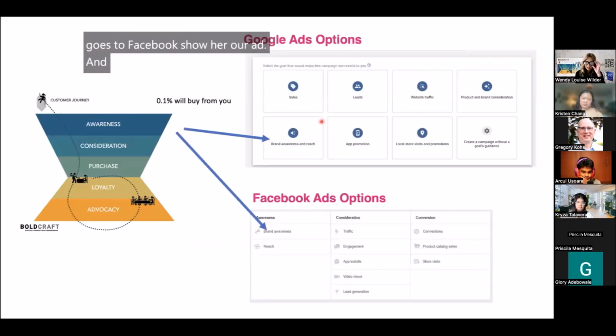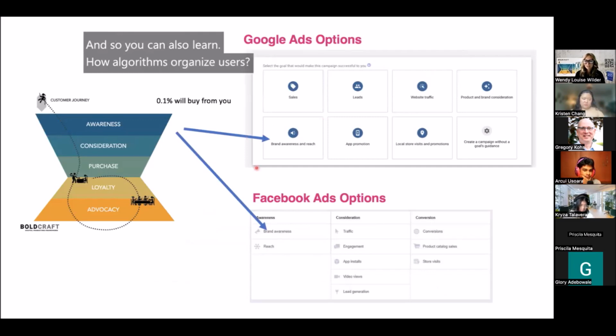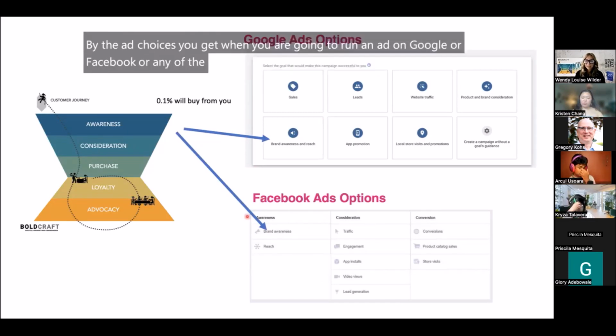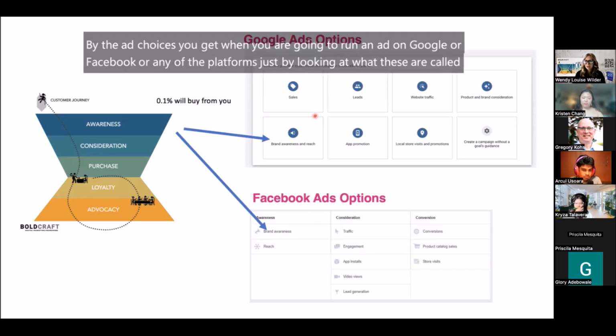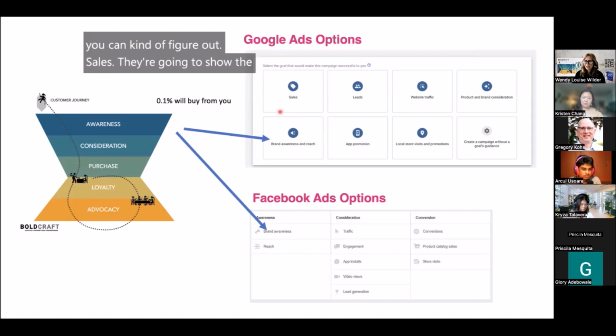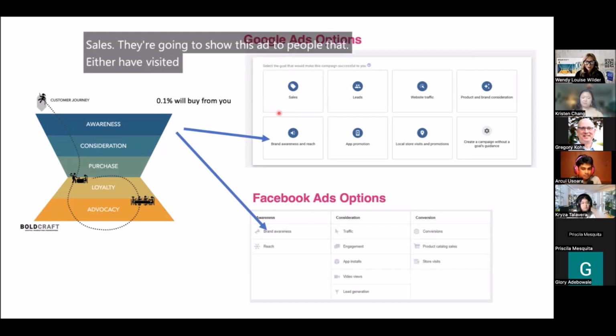And so you can also learn how algorithms organize users by the ad choices you get when you are going to run an ad on Google or Facebook or any of the platforms. Just by looking at what these are called, you can kind of figure out, oh, sales, they're going to show this ad to people that either have visited our website or our competitors. So you can kind of reverse engineer how they're organizing people.